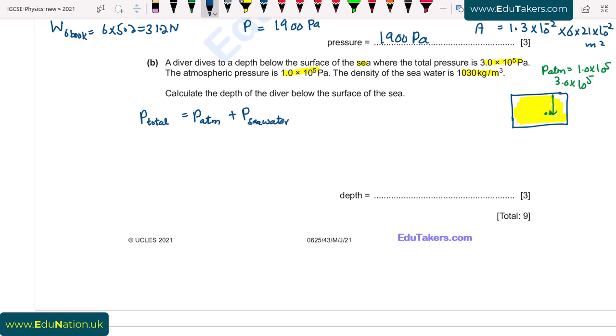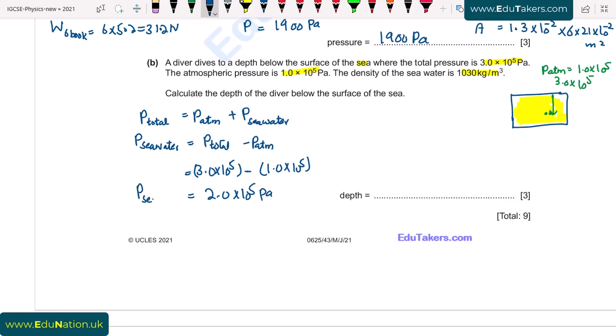Here we have to calculate the pressure due to sea water. It will be equal to total pressure minus atmospheric pressure. Total pressure is 3.0 into 10 to the power 5 minus atmospheric pressure 1.0 into 10 to the power 5. So it comes to be 2.0 into 10 to the power 5 Pascal. This is the pressure of sea water.